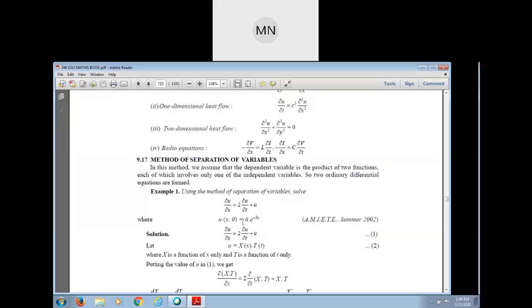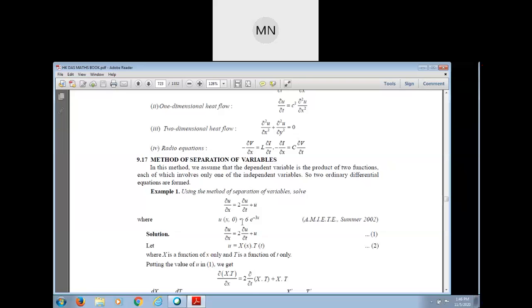And the independent variable is what here? For this equation, the independent variable is what? Can you tell me the independent variable?